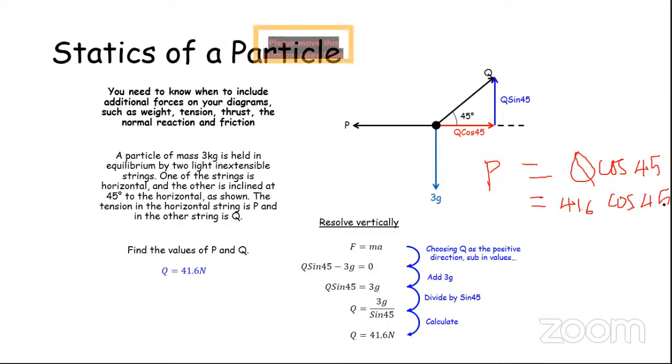What would that one be equal to? 41.6 cos of 45. What would be the answer if we substitute in a calculator? Yes, Aggie?